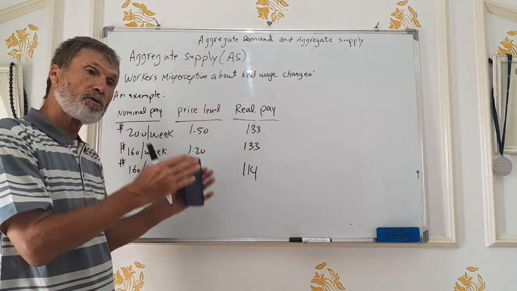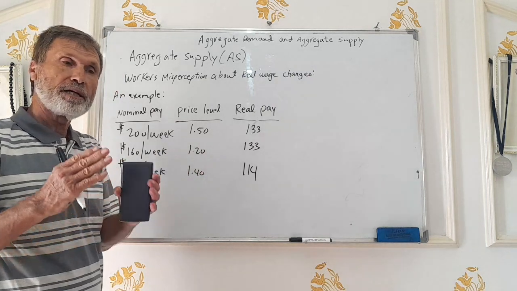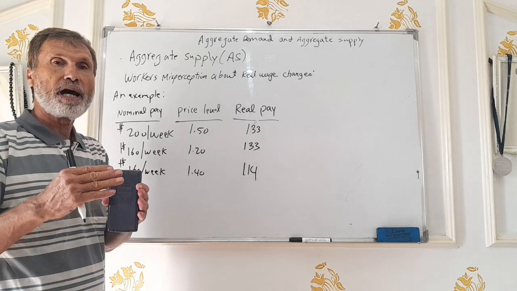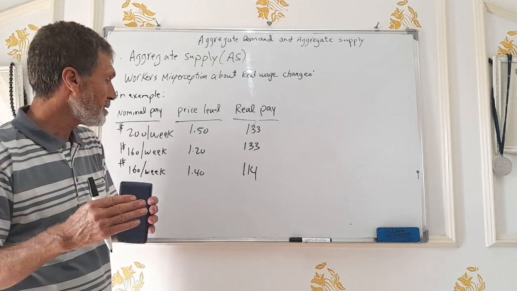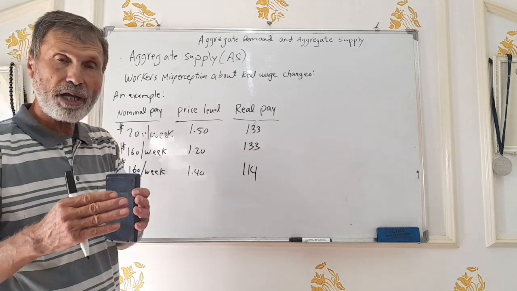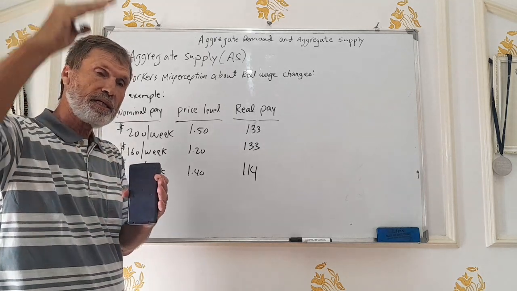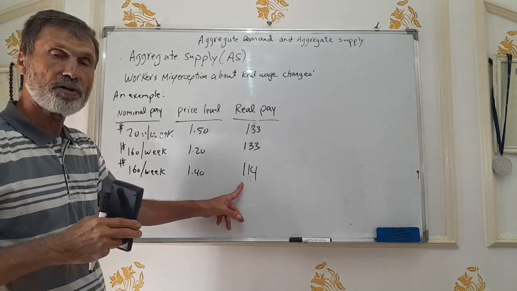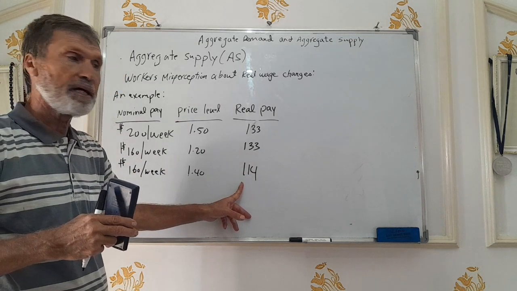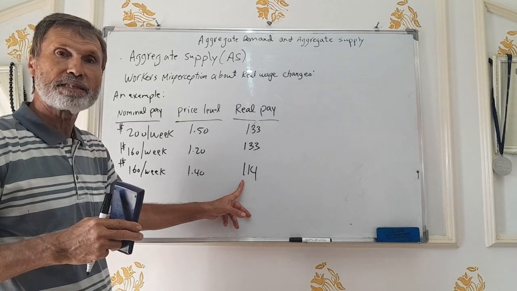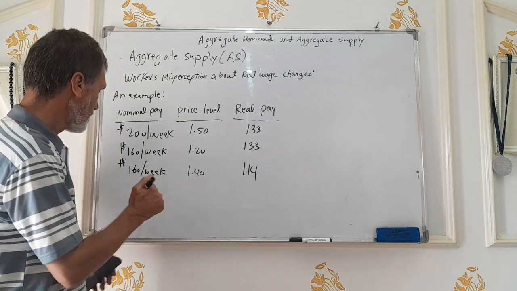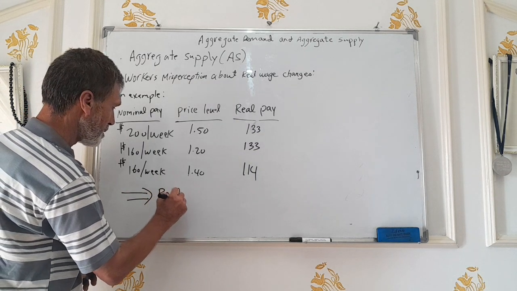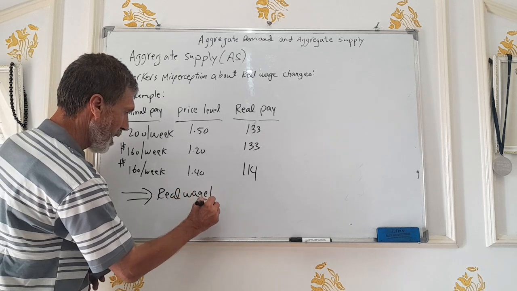Therefore, according to the rule we have already put, that the supply of labor is, of course, directly related to the real wage. When the real wage increases, the supply of labor will increase. So when the real wage decreases, therefore, it is expected that the workers will provide less labor. Therefore, here, real wage went down.